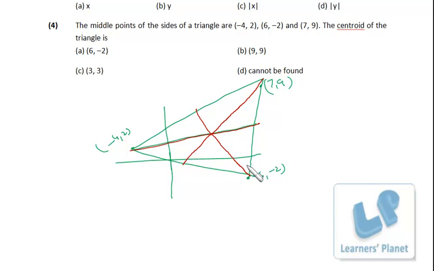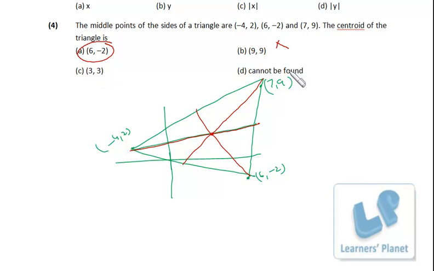Even if you draw two medians, it is enough. Now you can observe that the centroid is lying in the first quadrant, right? So 6 and minus 2 is already eliminated because that is a vertex point, it cannot be the centroid. 9, 9 cannot be the centroid because 9 is moving outside the middle line, right? So it cannot be the correct option. We are left with one correct option.